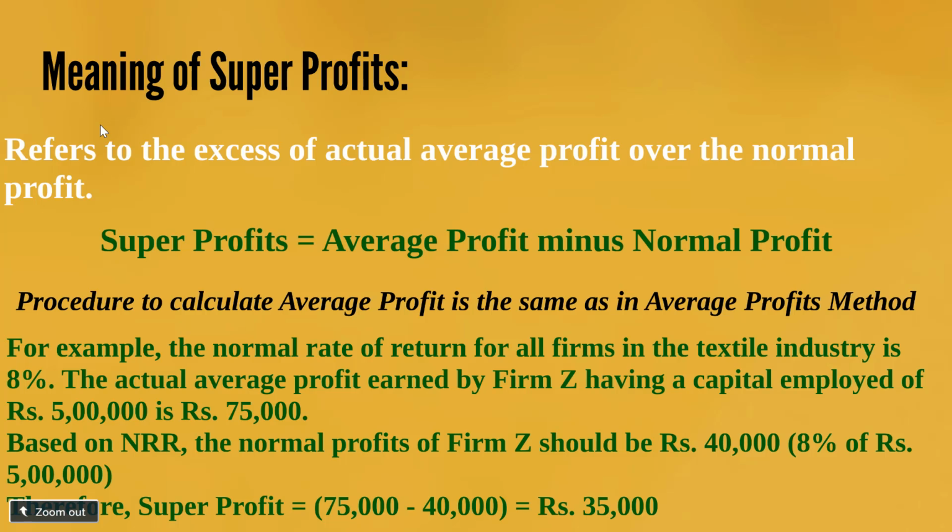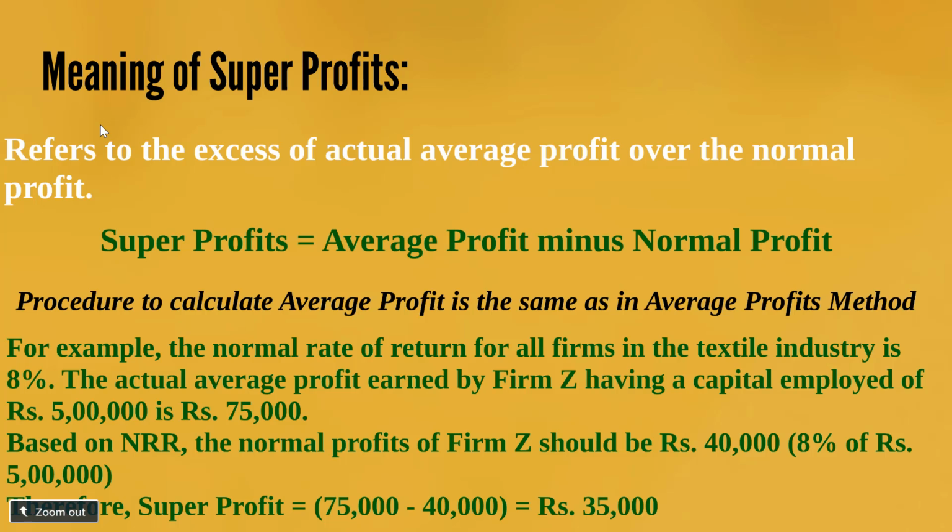Now let's say the normal rate of return for all firms in the same textile industry is 8%. Also, the actual average profit earned by firm Z, having a capital employed of, let's say, rupees 5 lakh, is rupees 75,000.